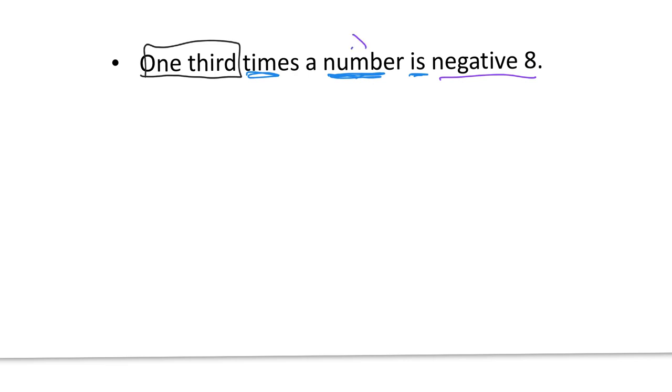I'm going to pick the variable x. So I'm going to write the equation down, 1/3 times x. I don't need that times in the middle. Remember that when you don't have an operation in between, by default it is multiplication. So you don't have to put the actual times symbol in between. And that's going to equal a negative 8.